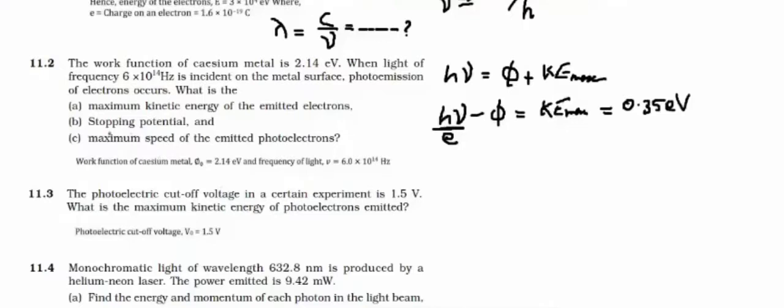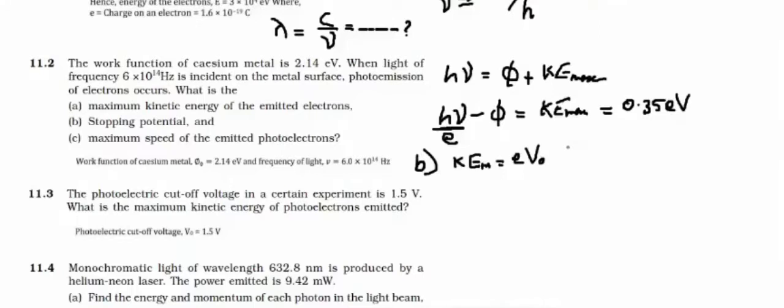Now part B, the stopping potential. We have the formula Ke max is equal to eV naught. Now Ke max we have calculated already.